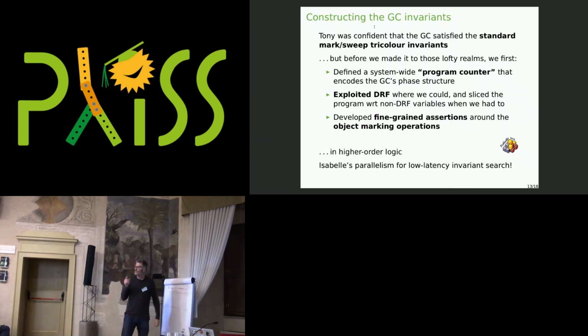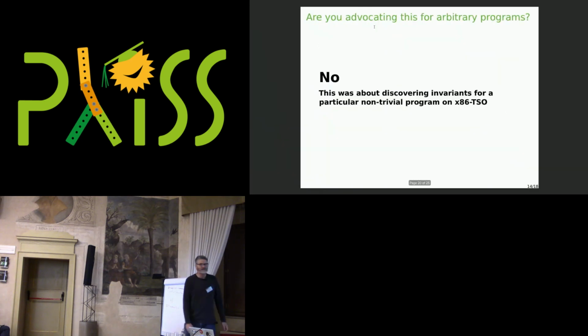So we really focused on where the interferences could possibly occur that we couldn't reason about with respect to race freedom. And we ultimately have very fine-grained assertions around those object marking operations. And that's where the heavy lifting of the proof was. And all of that's in Isabelle logic, and we were able to make use of Isabelle's ability to search for proofs, for choices about how to proceed.